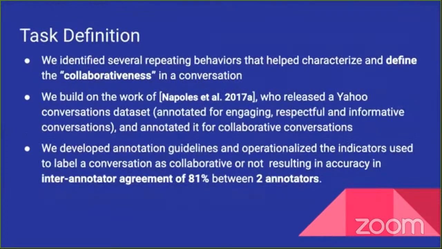In order to define the task, we identified several repeating behaviors that help us characterize and define collaborativeness in a conversation. We build on the work of Nepos et al., who released a Yahoo Conversations dataset, which was originally annotated for engaging, respectful, and informative conversations, and we re-annotated it for collaborative conversation. We developed annotation guidelines and operationalized the indicators used to label a conversation as collaborative or not, resulting in an inter-annotator agreement accuracy of 81% between the two annotators.